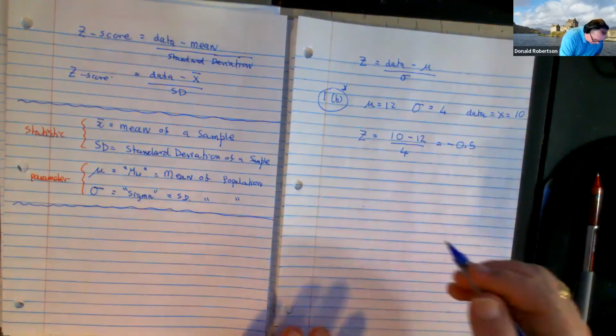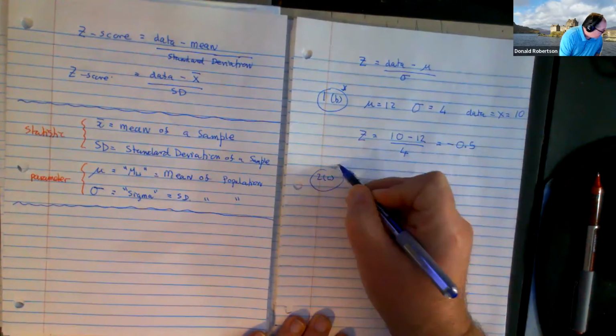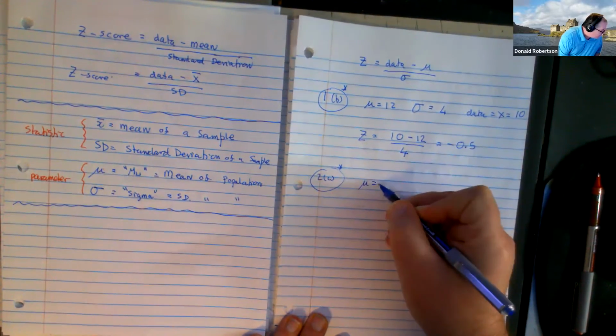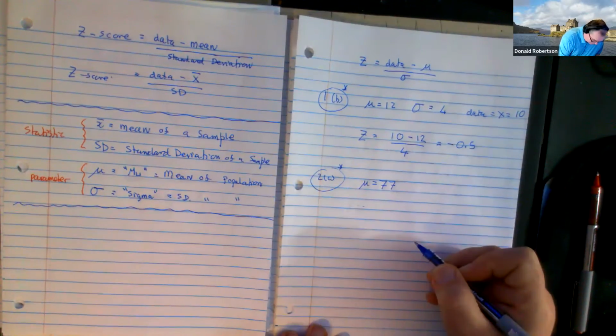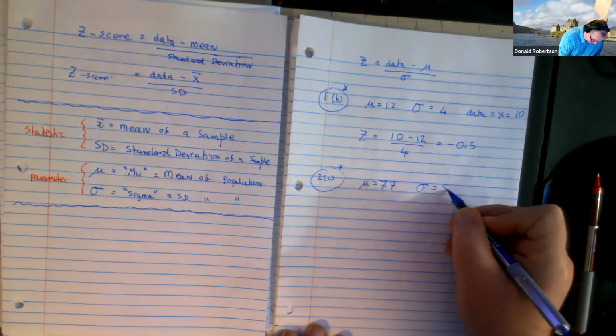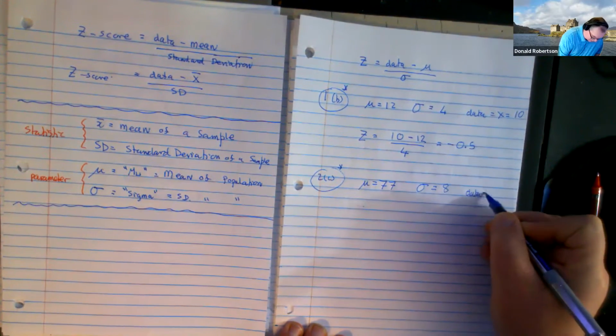Okay, let's look at another one. This is from question 2C. In this case, mu is 77, so the population mean is 77. The population standard deviation is 8, and the data is 95.